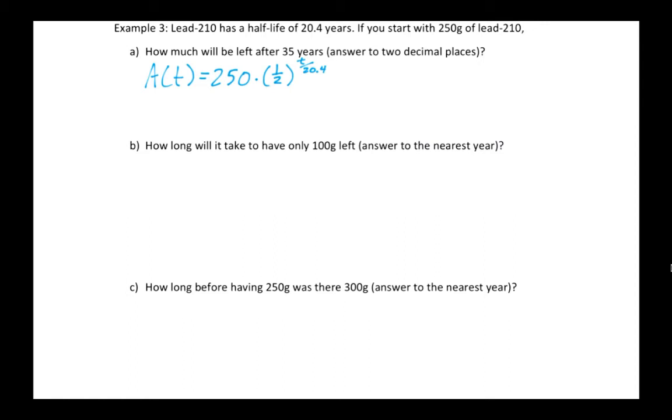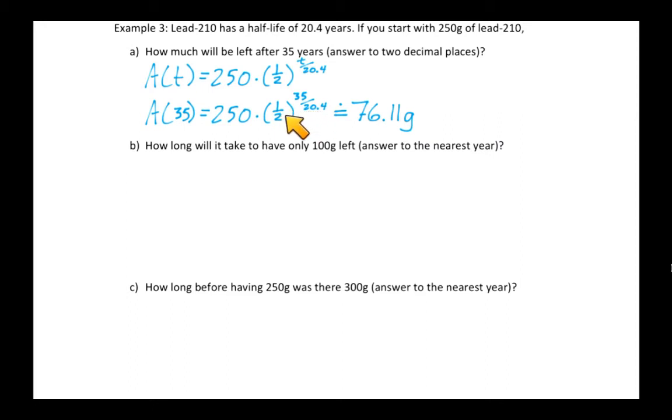And so now if we want to know how much we will have after 35 years, we can just substitute in T equals 35 into this function. And when we evaluate this, you will find that it is approximately 76.11 grams. Now, again, think about your answer afterwards. Does it seem reasonable? So think about this. Okay, 35 years. We get half the amount in 20.4 years.